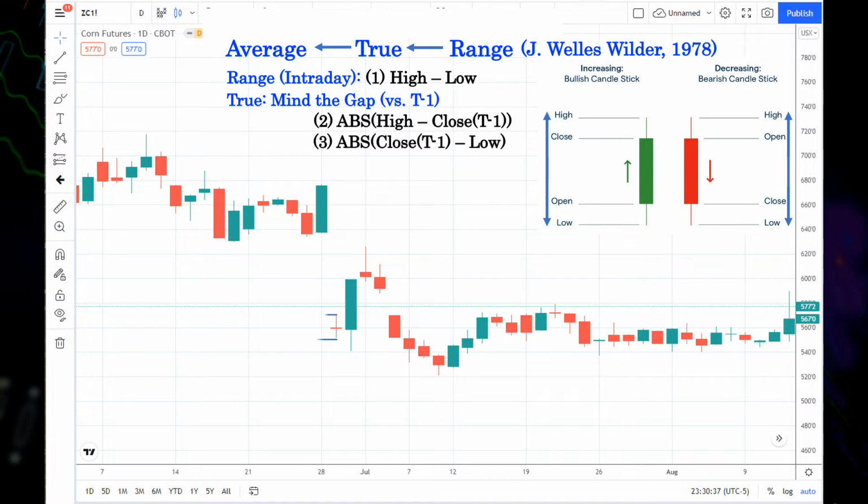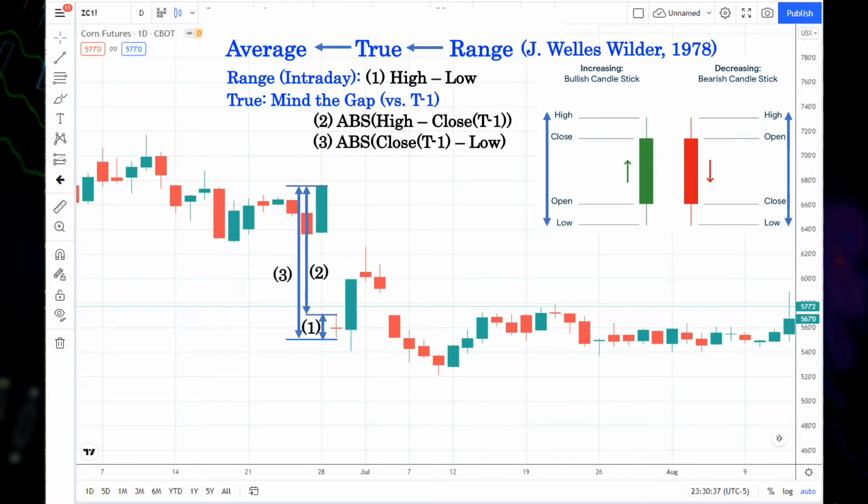We'll use front-month corn futures as an example for demonstration. It actually has the so-called rolling built in, but for demo purposes, we'll treat it like a stock. Looking at this candlestick bar, the intraday range is from high to low. Pretty simple. But to get the true range, we need to calculate the difference between prior day's close and today's high and low.